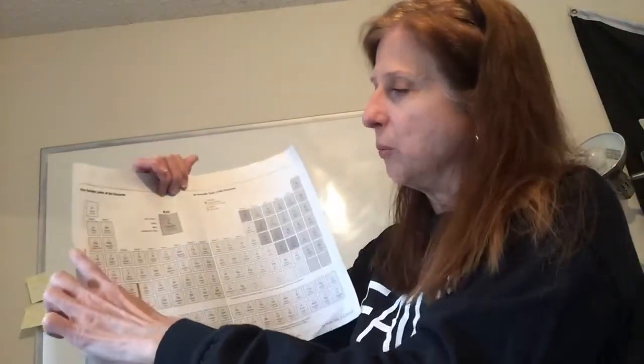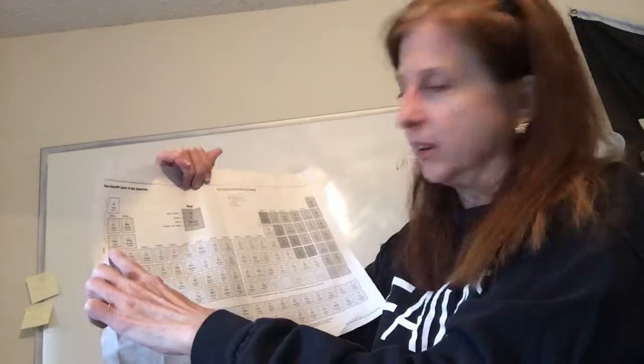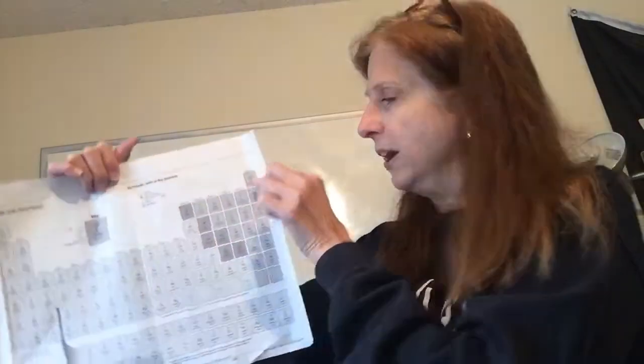In this column right here, they have one extra electron in their valence electrons than the noble gases. If they could lose that one, so like sodium's number 11, if it could lose one, it would feel just like neon that has 10 electrons in its outermost energy level.